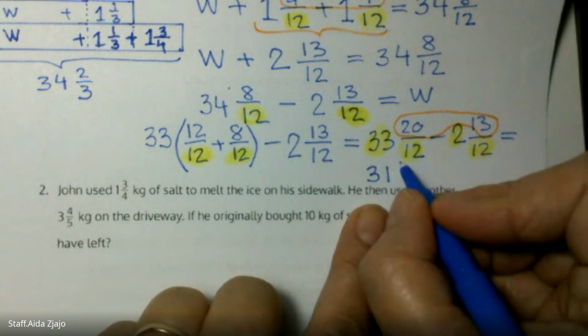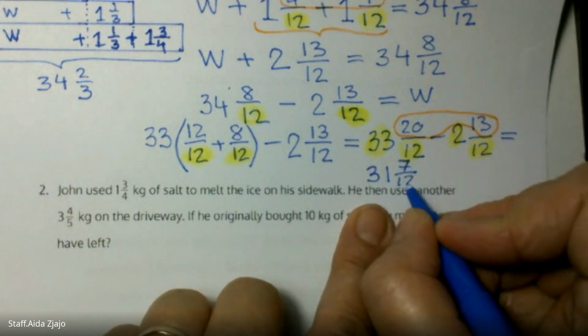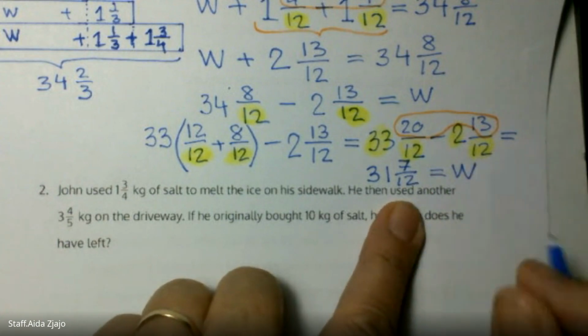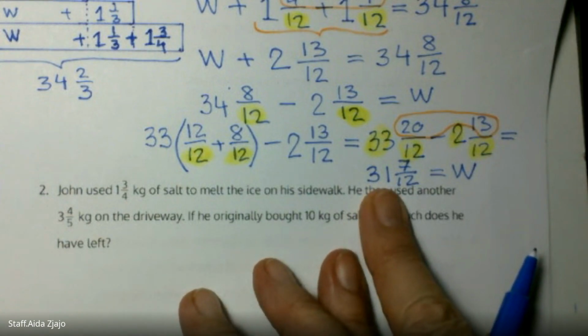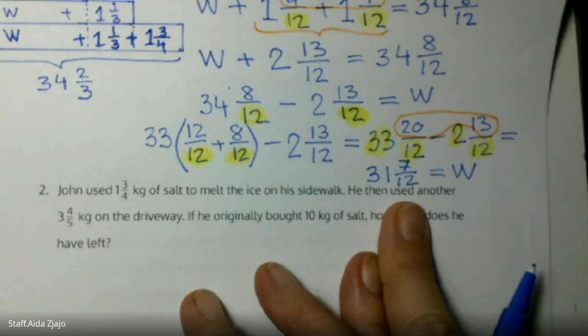So we have 7/12, and that is our winner. So our winner's time was 31 minutes and 7/12 of a minute.